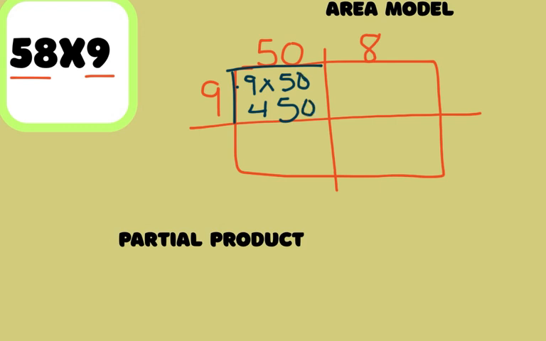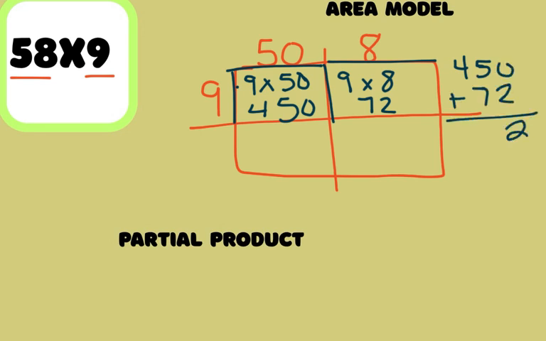So the power of 10 is letting me know that 9 times 50 is 450. And lastly, I have my 9 times 8, which equals 72. Nothing else to add, so I have my 450 plus 72, and that leaves me with 522.